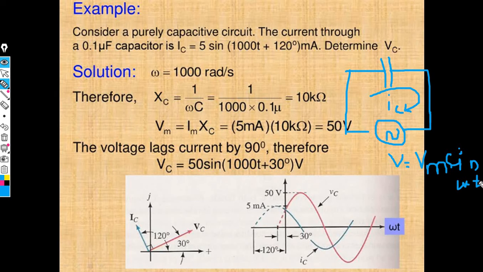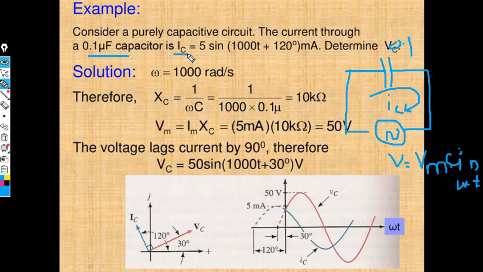Now in a problem, consider a purely capacitive circuit. The capacitance is 0.1 microfarad, and the capacitive current is given.